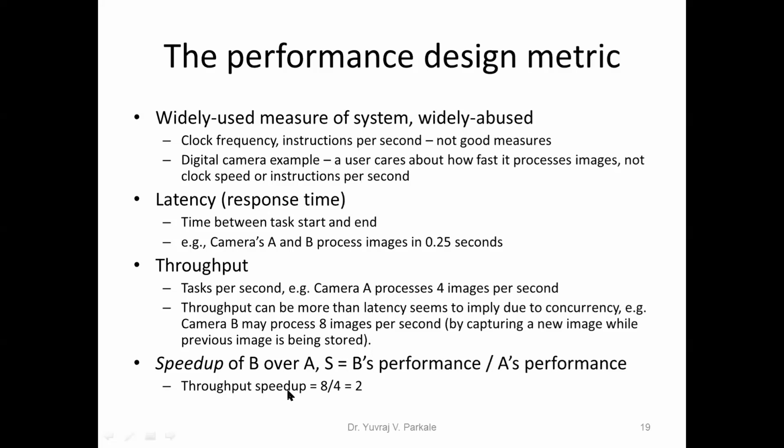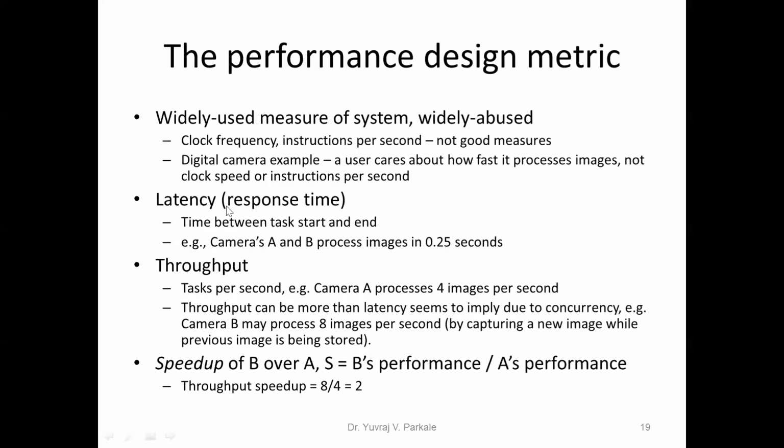This is how I can compare the speed of different systems. Let camera A be one system and camera B another system. I can compare the speed of these two systems using this third parameter called speed up, which is B's performance divided by A's performance, so 8 by 4 is 2. Just remember, these are the three important performance design metrics of your embedded system.